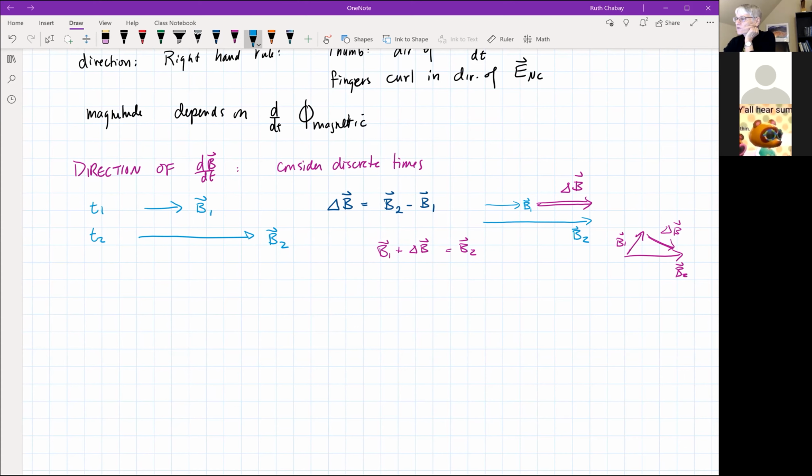What if the magnetic field was changing the other way? So suppose we had a large magnetic field at time t1 and a smaller magnetic field at time t2. Then what we'd have to add to B1 to get B2 would be that vector delta B.